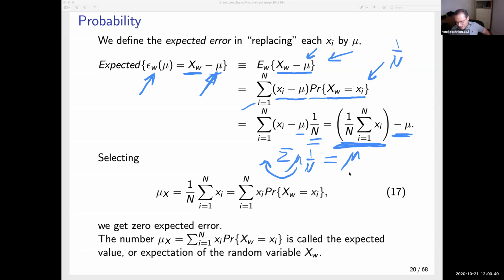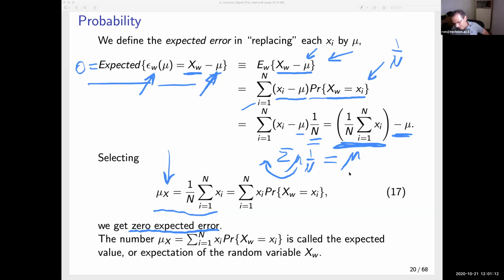So if I select mu to be the average, the expectation of the error would be 0. The expected error would be 0 if I select my mu of x to be the average.